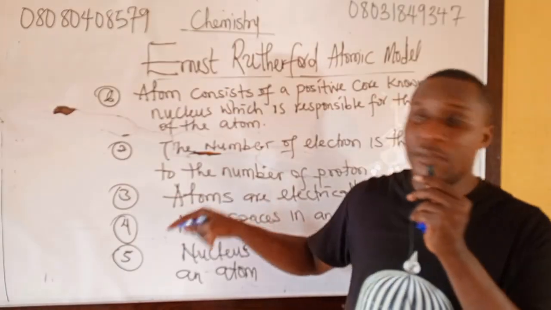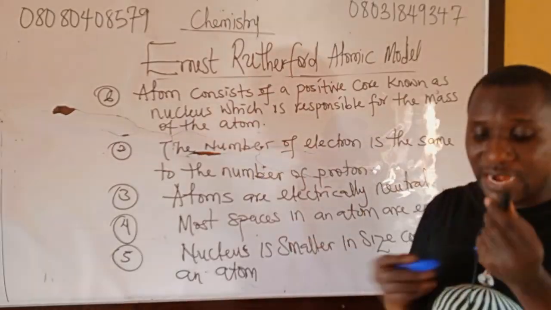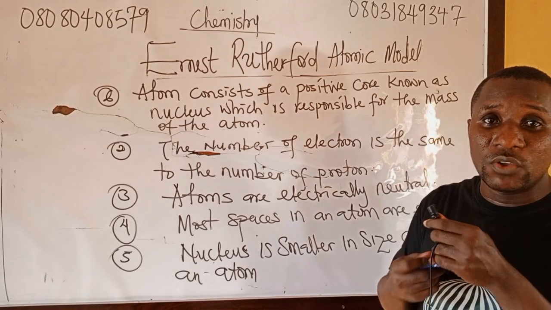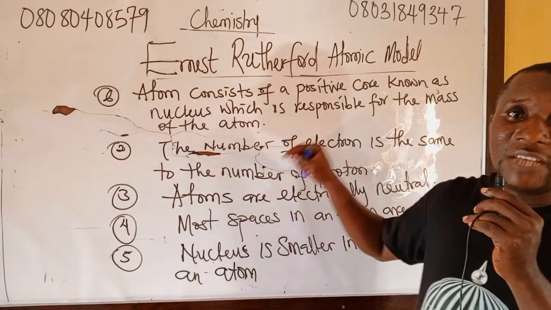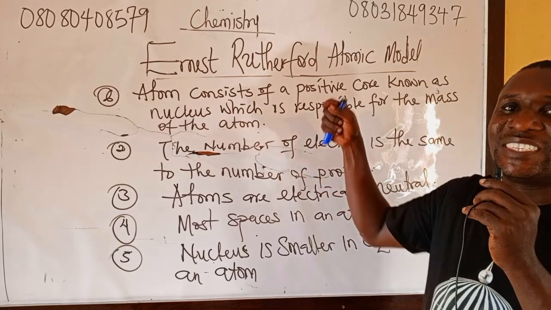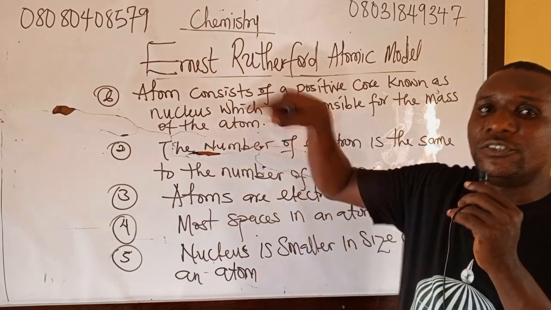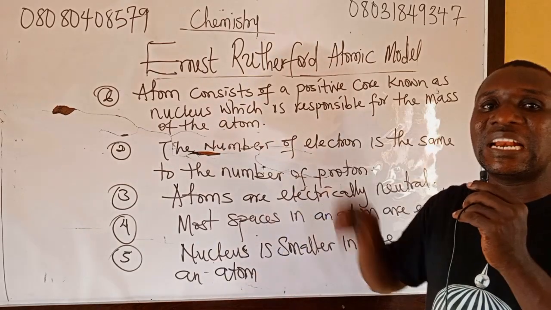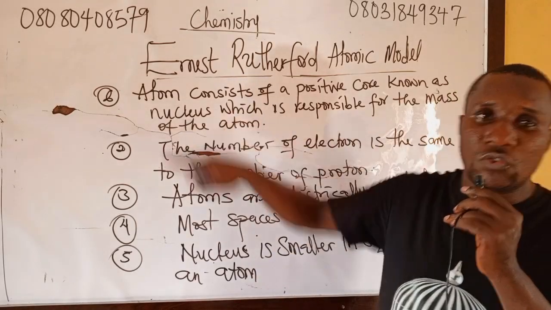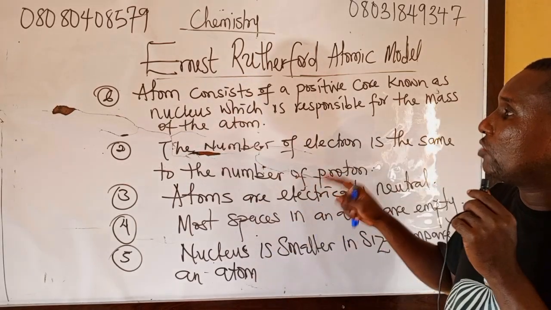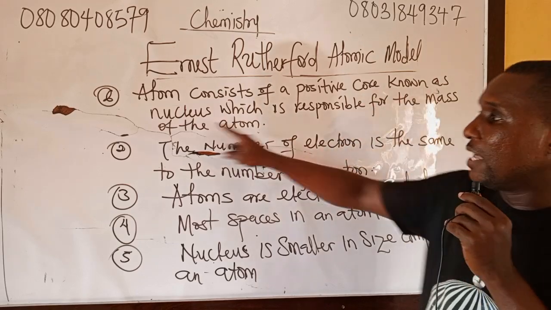A nucleus can be found at the center of an atom. Nucleus is located at the center of an atom, and the mass of an atom is concentrated inside the nucleus. That means atom consists of a positive core known as nucleus.